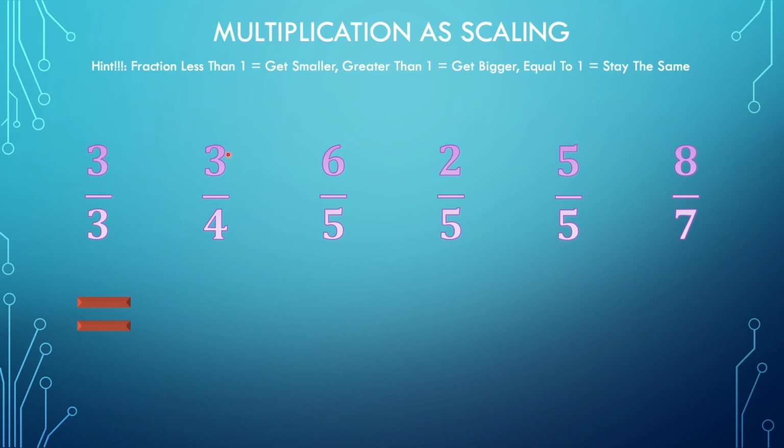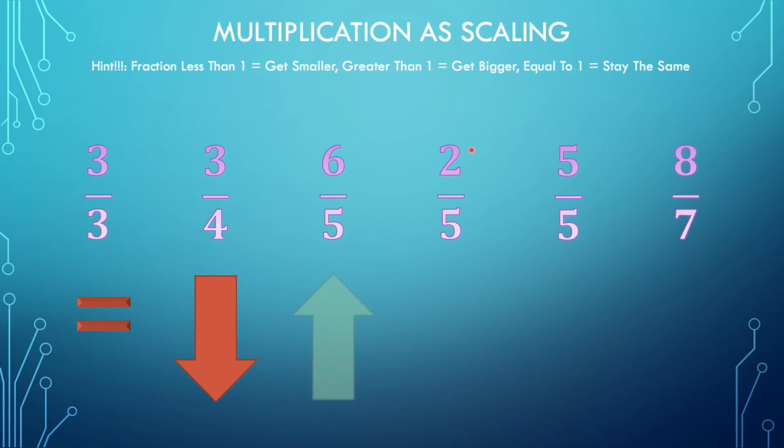Our 3/4 is smaller than 1, less than 1. So we are going to get smaller. Our 6/5 is greater than 1 because 6 is larger than 5. It's an improper fraction. It's improper because our numerator is bigger than our denominator.